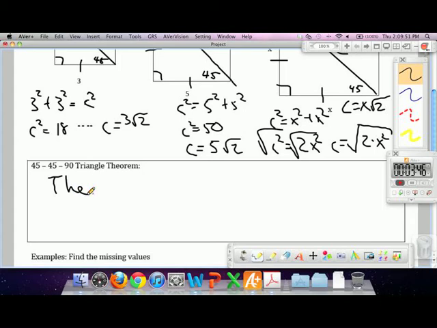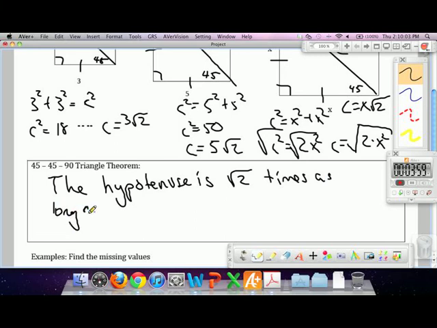The pattern for 45, 45, 90 triangles is that each leg, or how about the hypotenuse, is the square root of 2 times as long as either leg.